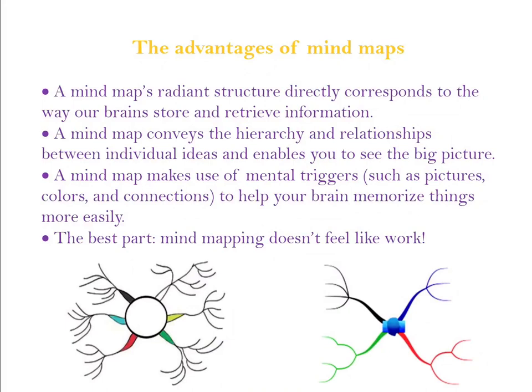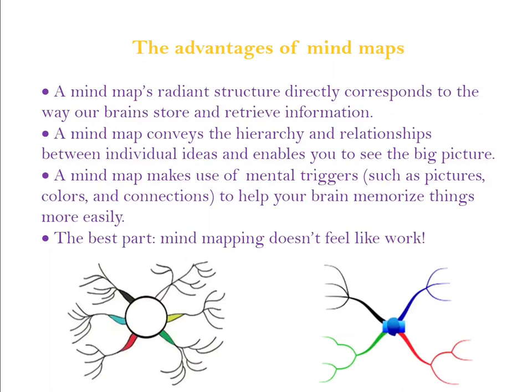Secondly, a mind map conveys the hierarchy or relationships between individual ideas and enables you to see the big picture. So in the center, you have the most important idea, and then branches out all the little ideas or associations related to the individual subject.